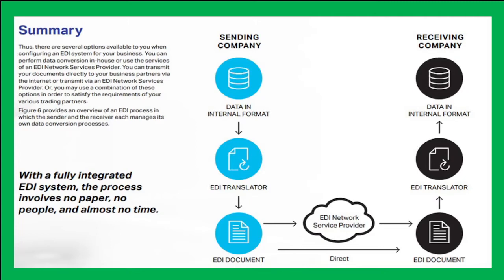Now the EDI document is ready in the receiving company. The receiving company's computer translates the EDI document, and now it is in readable format. Whichever format the sending company used, the data is presented in the receiving company's data format. So this is a fully integrated system, and there is no paper, no people, almost no time.